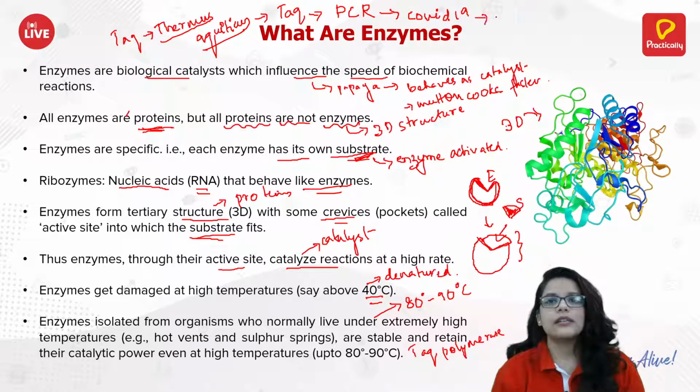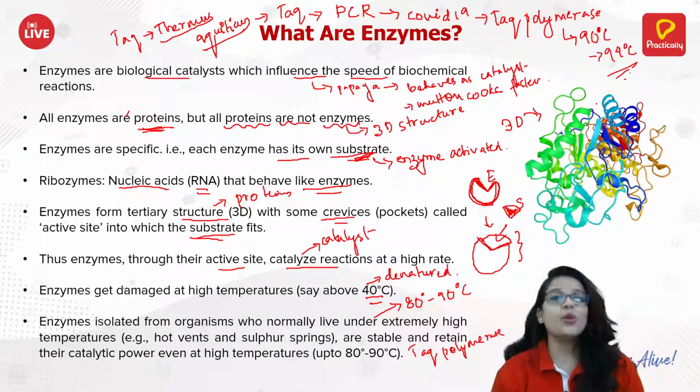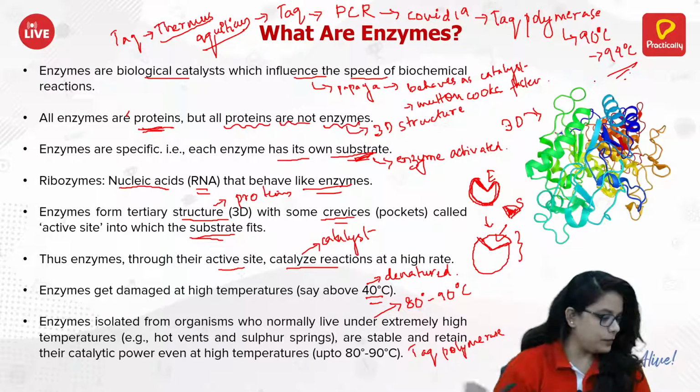There we use this enzyme called Taq polymerase, which can survive up to a very high temperature of 90 degrees Celsius, actually 94 degrees Celsius. So this is an exception.